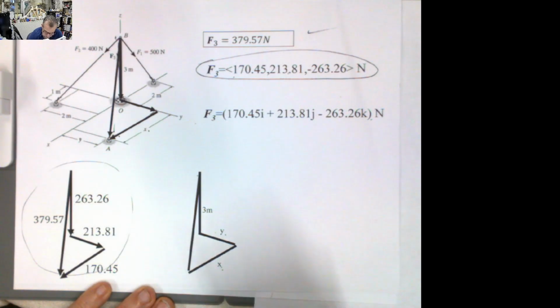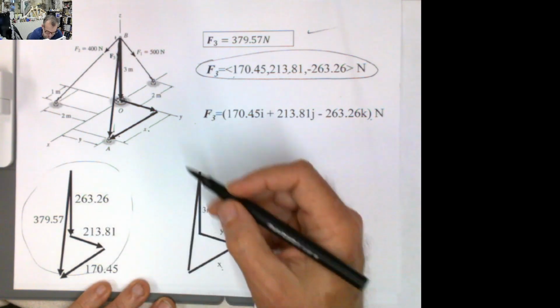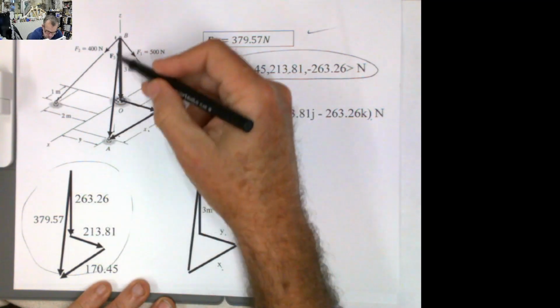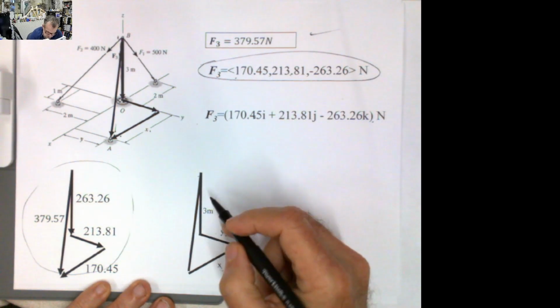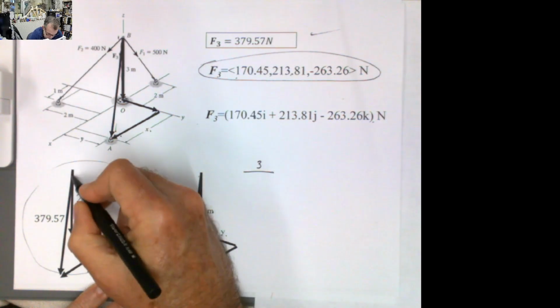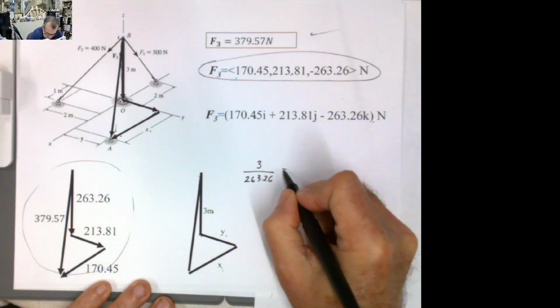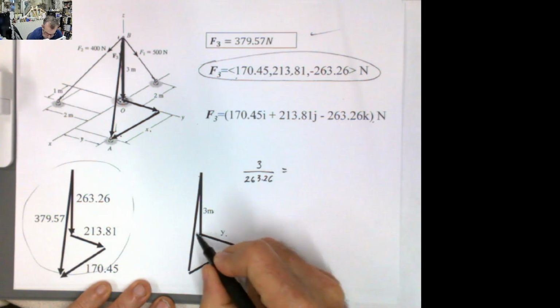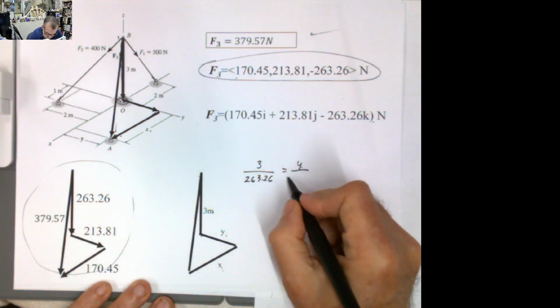Then I can do it in multiple ways. But if those two figures are similar, because they are, the geometry is proportional here to the force polygon. So I can say 3, this distance, divided by this force has to be equal to this distance divided by this force.